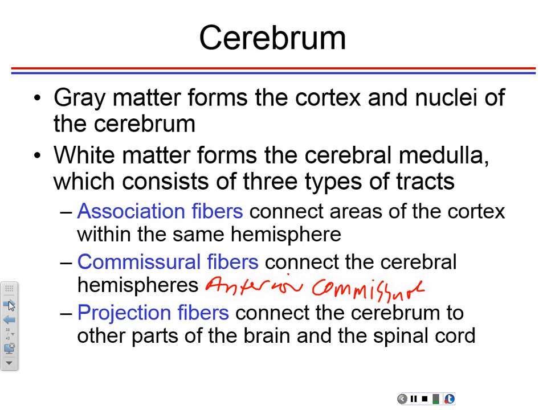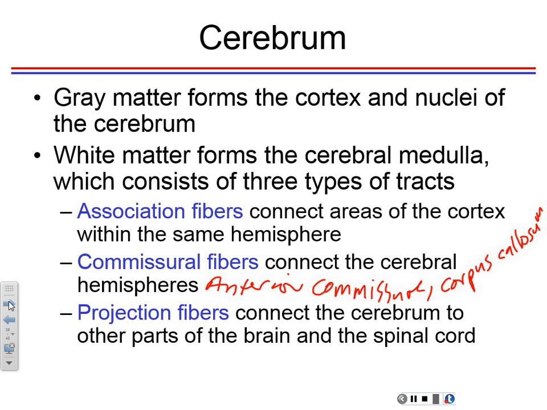The anterior commissure connects the left and right hemisphere, plus the major connector between the two, the one I mentioned earlier on, a bunch of commissural fibers, is the corpus callosum. The corpus callosum literally has over 300 million axons crossing from the left side to the right side.